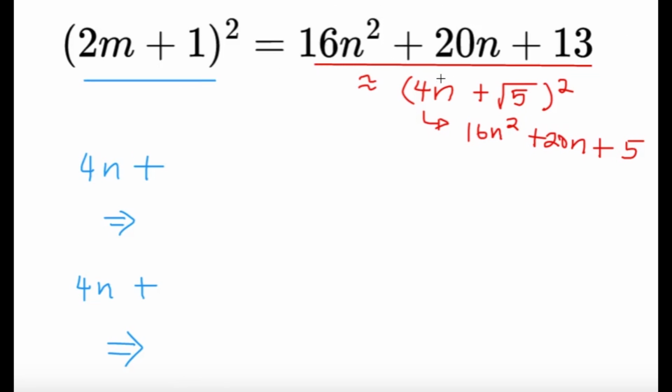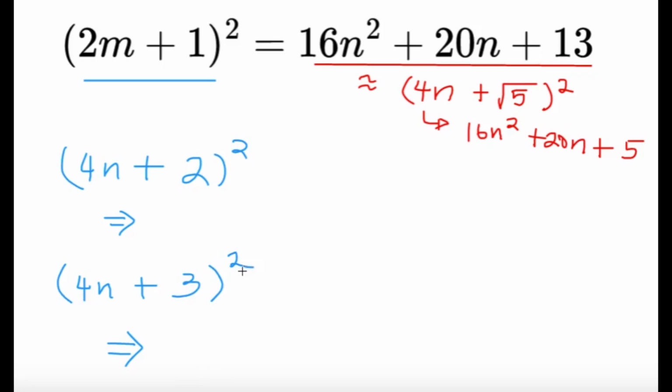Typically, we want to find that this is between two consecutive perfect squares for a sufficiently large value of n. It's approximately 4n plus square root of 5 quantity squared, so I decided to look at 4n plus 2 quantity squared and then 4n plus 3 quantity squared.